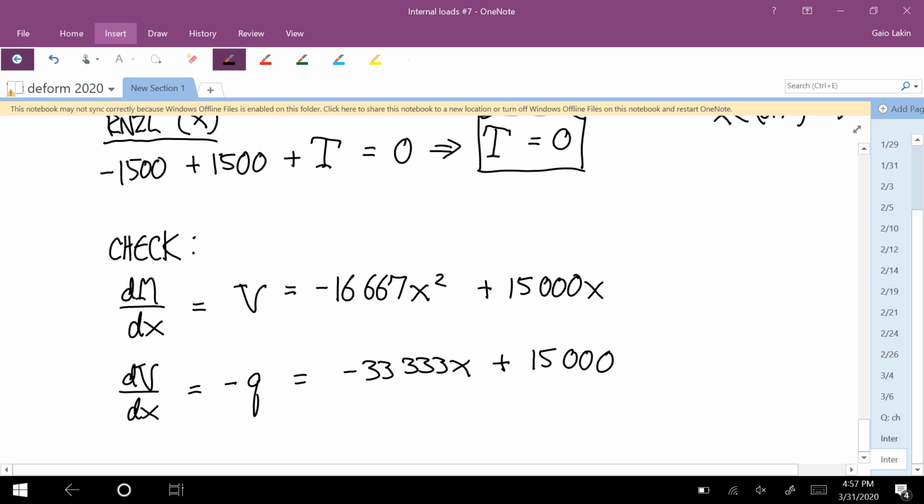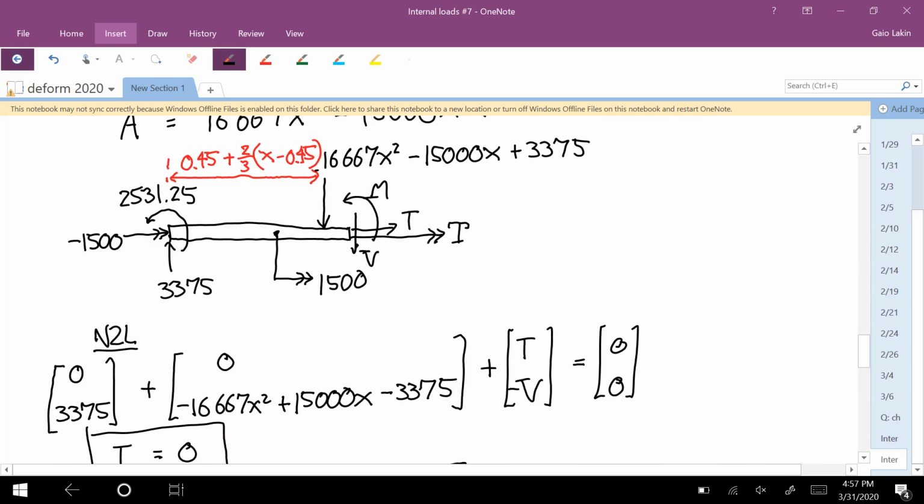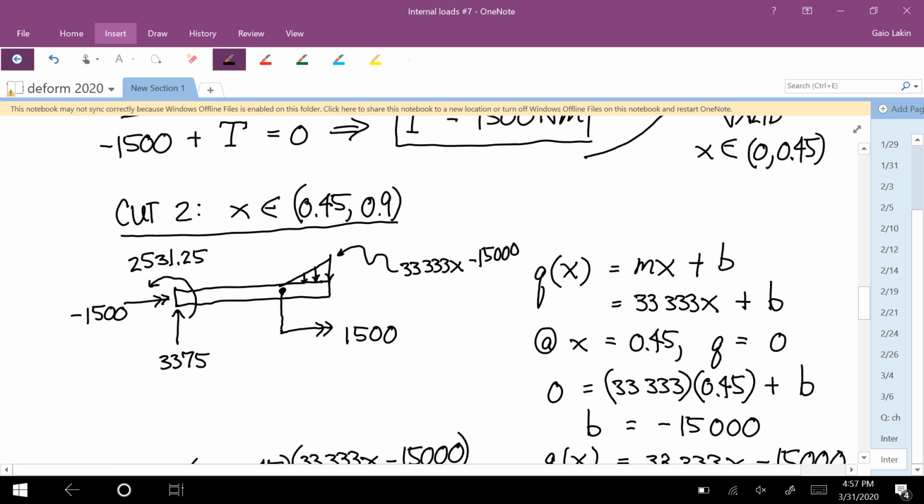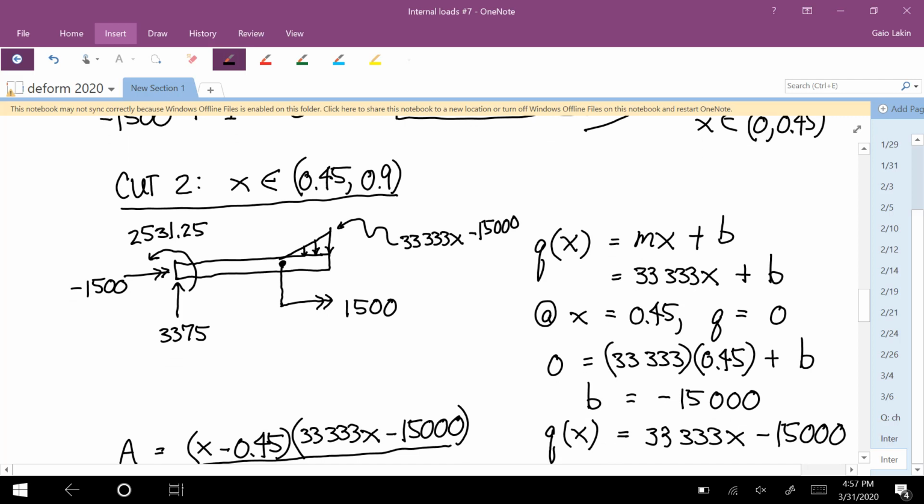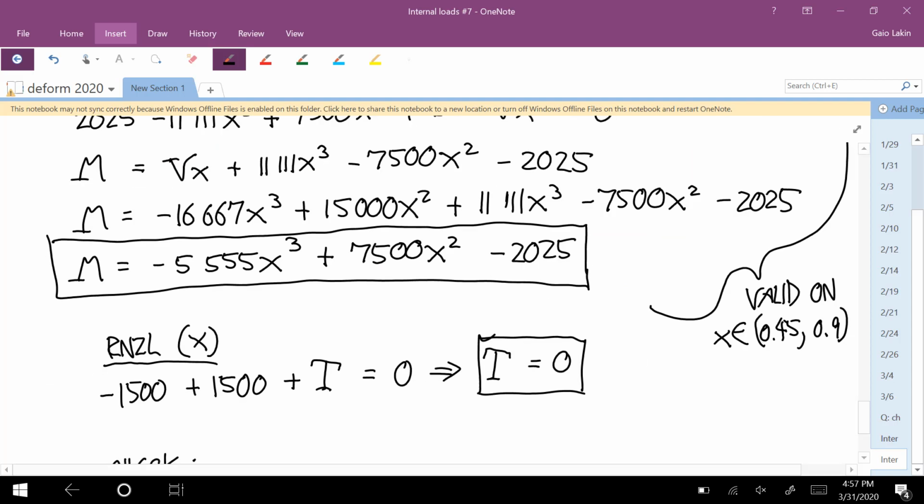And now we can compare this to, this should be the opposite of the distributed load function that we came up with to start with. So way up here, our distributed load function was positive 33,333x minus 15,000. So it worked out in this case. And that gives you some confidence that things are right.